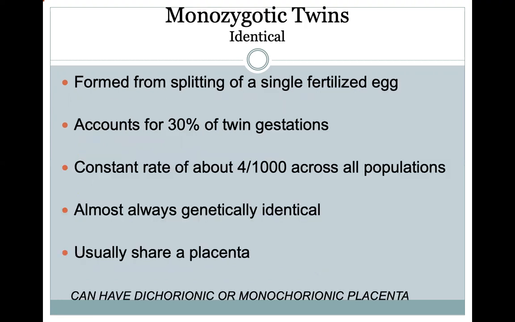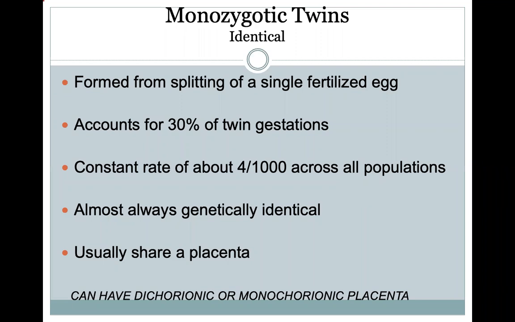Next slide. So monozygotic twins are formed from the splitting of a single fertilized egg. So after fertilization, the egg splits and makes twins. This is pretty constant in rate, about 4 per thousand births across all populations. Almost always these two babies are going to be genetically identical.